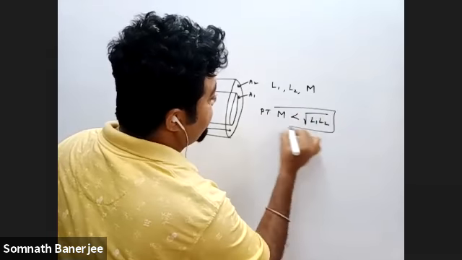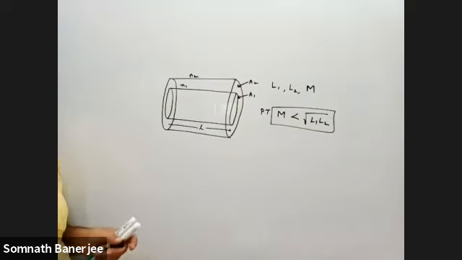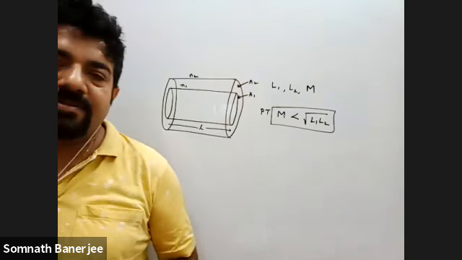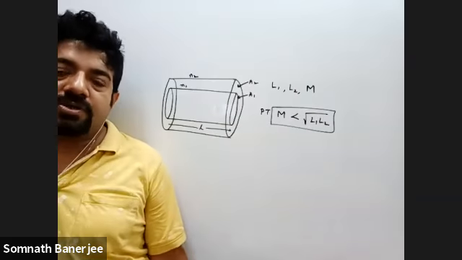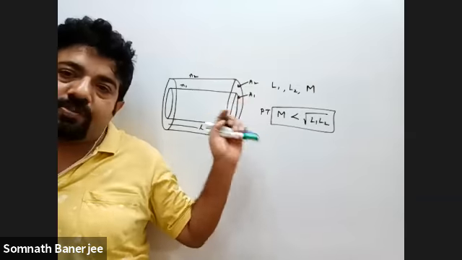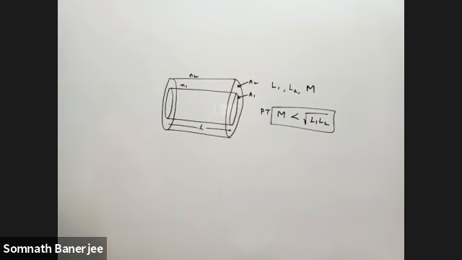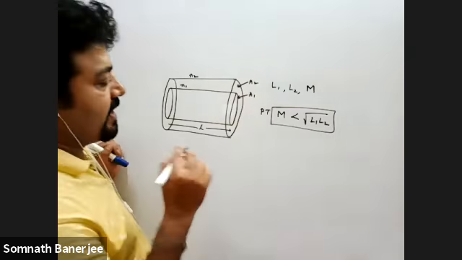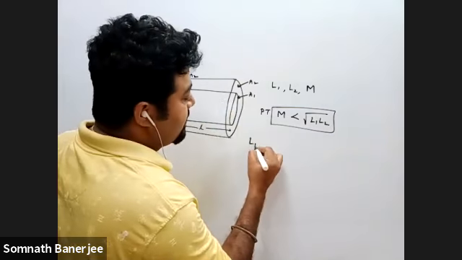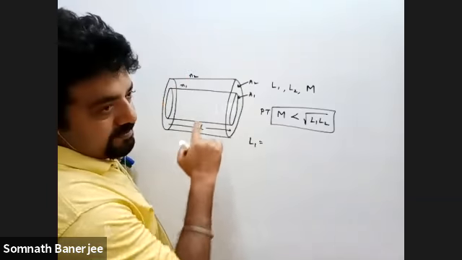This question is very, very important, and many times they ask this type of question for 2 marks. So it's a very simple thing. We can write from this data the self-induction of solenoid 1, meaning the inner coil.